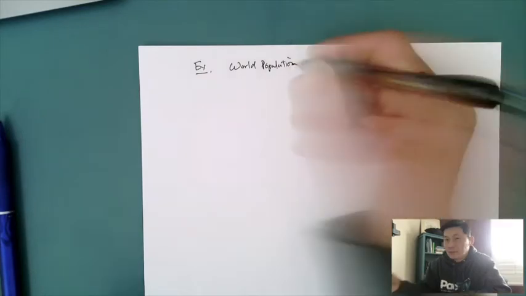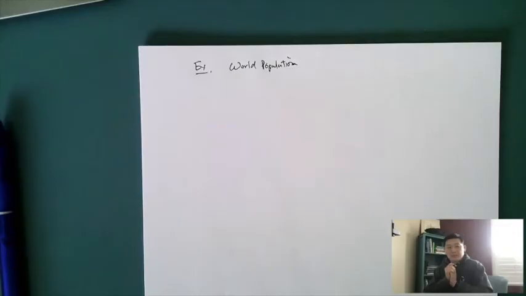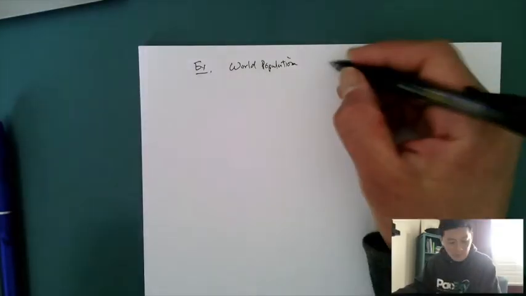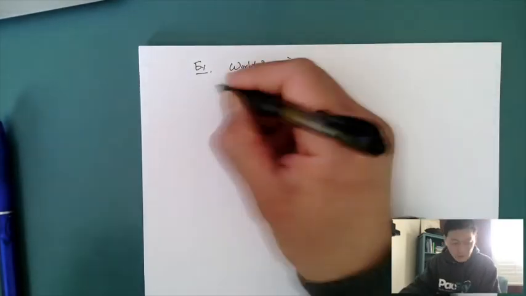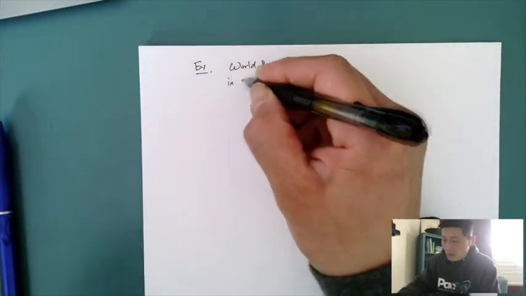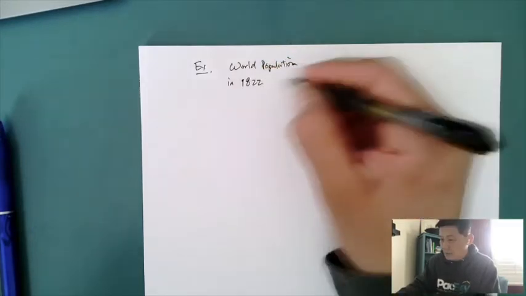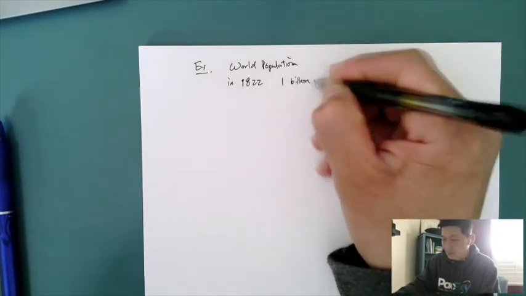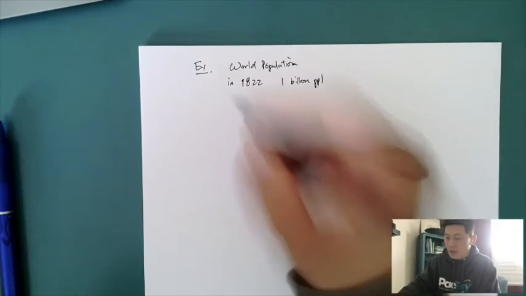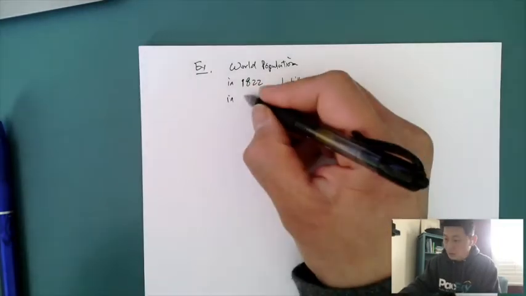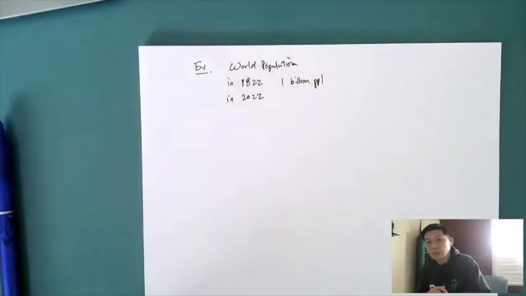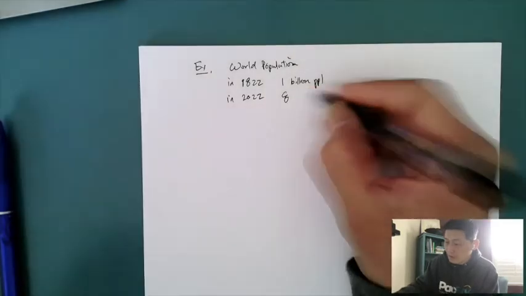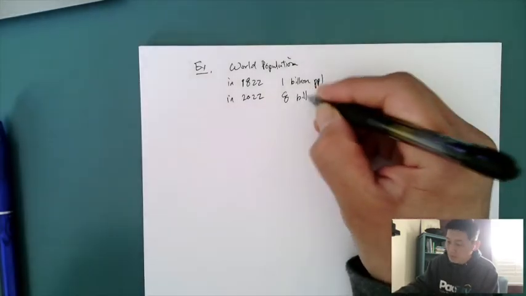I went on the internet and I just googled some world population values. What I saw was in 1822, the world has 1 billion people, and in 2022, we have currently 8 billion people.